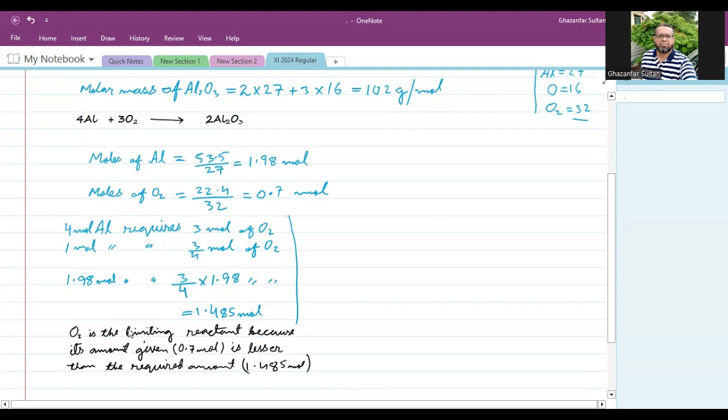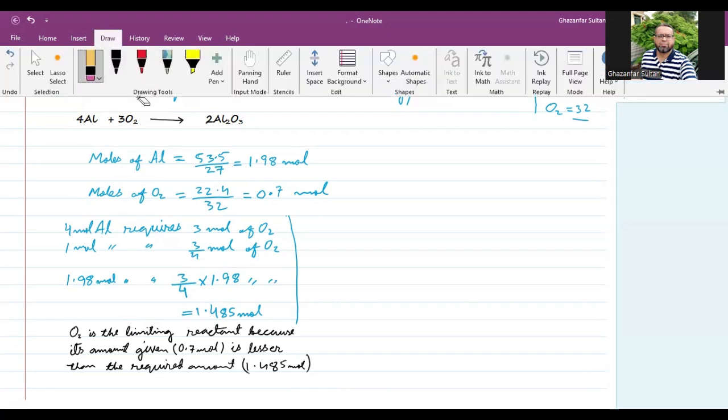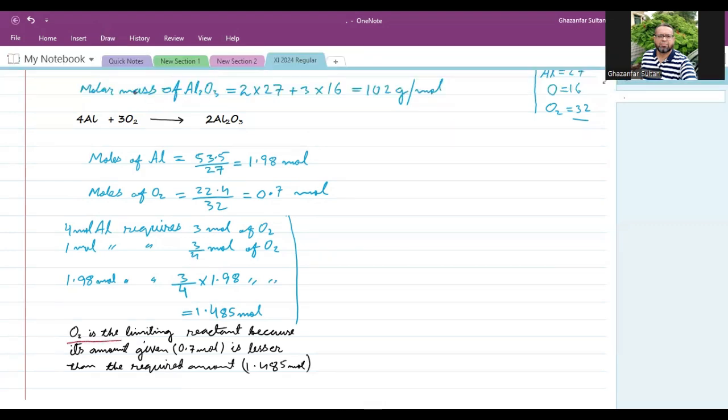In this way we have found the limiting reactant, and here you can see oxygen is the limiting reactant.